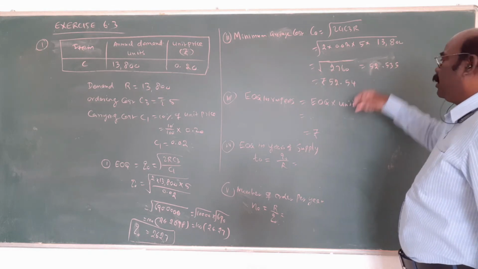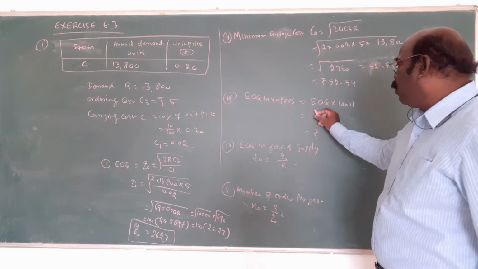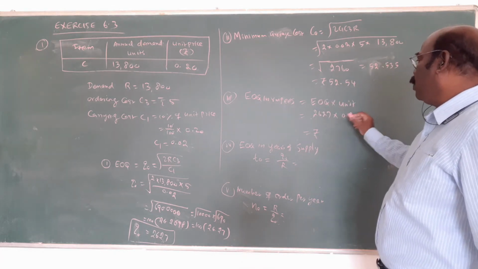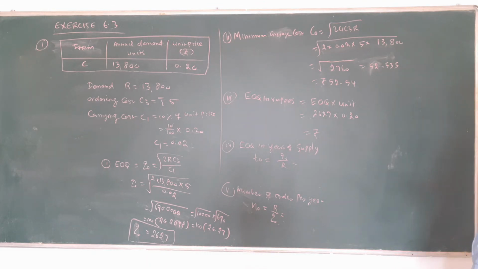Then as usual, EOQ in rupees now. EOQ available 2627 units into 0.20. Now multiply by 0.2, we get the answer 25.40.